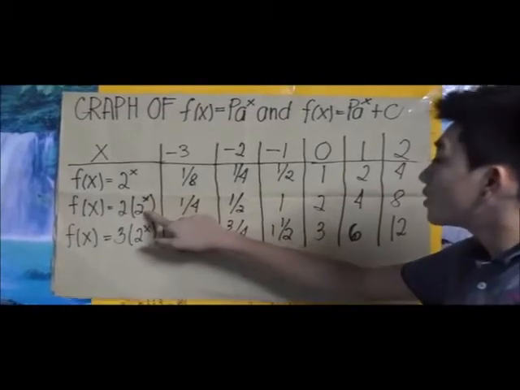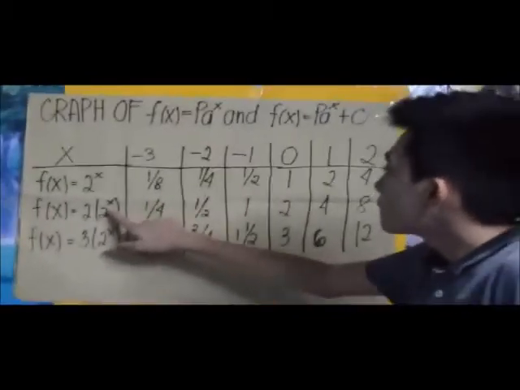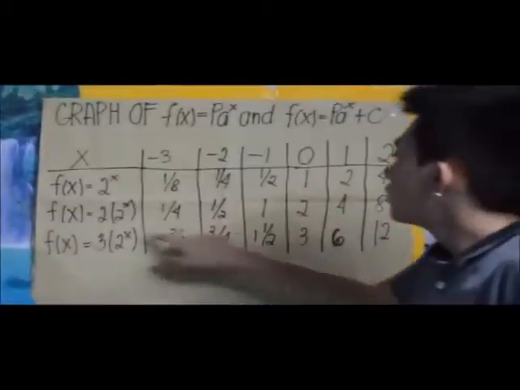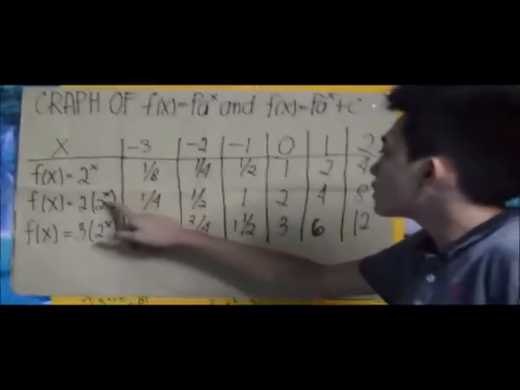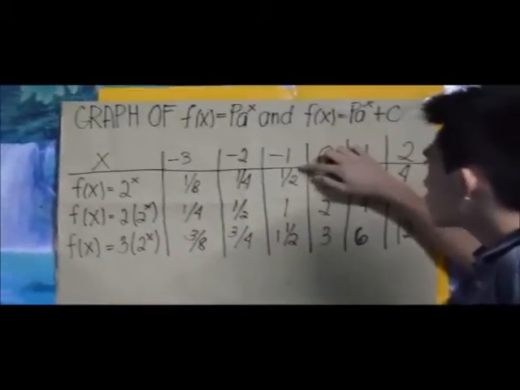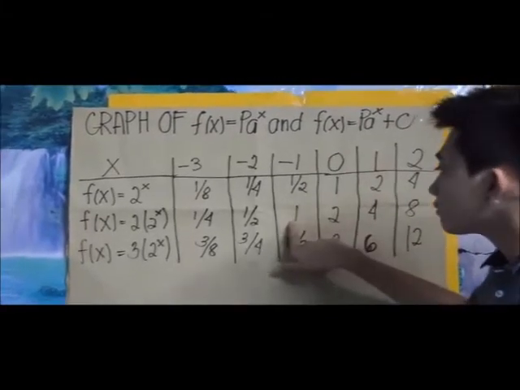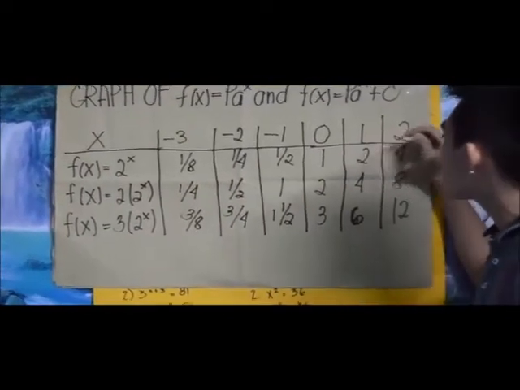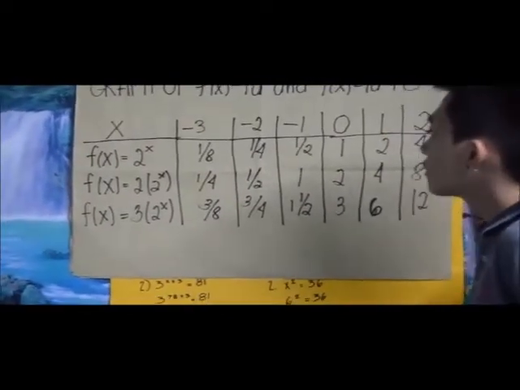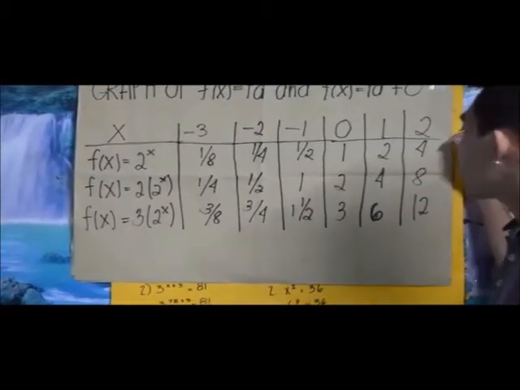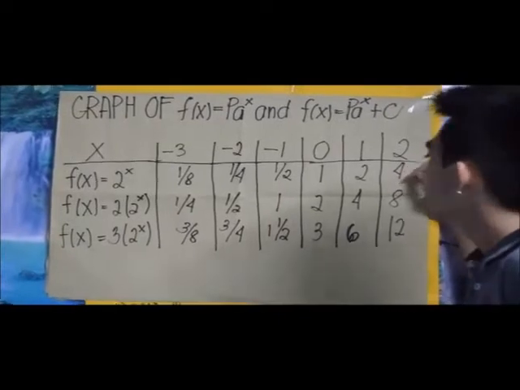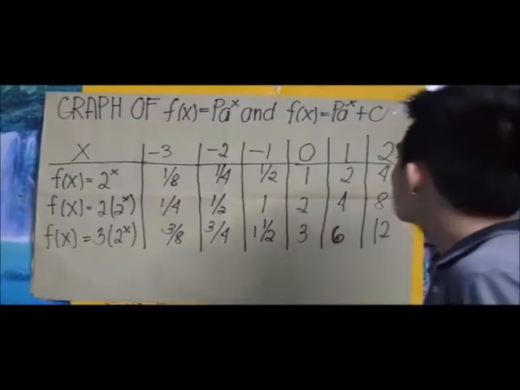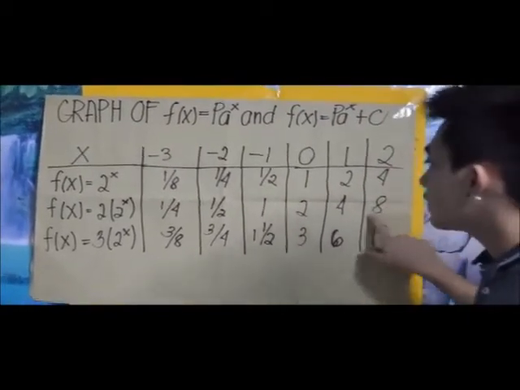For x equals negative 2 it is 1/2. For x equals negative 1 it is 1. For x equals 0 it is 2. For x equals 1 it is 4. For x equals 2 it is 8.